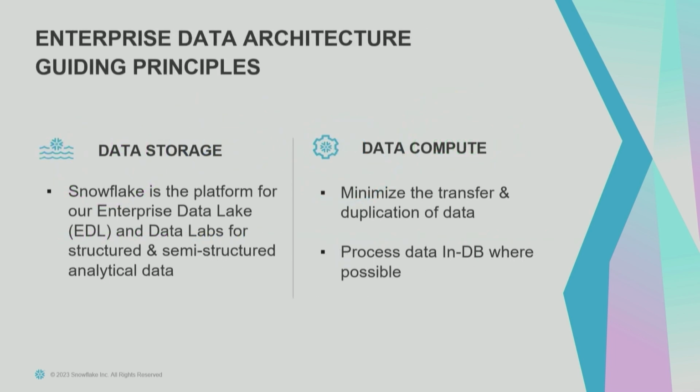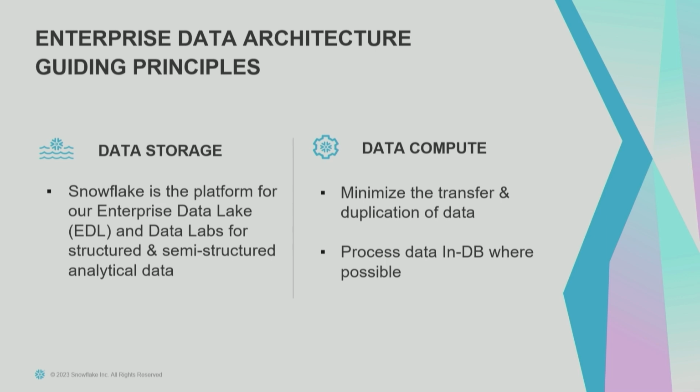So we have the data science platform in place. Now, I, as a data architect, have to look at establishing some key guiding principles for our data scientists and our data engineers alike. Here are 2 of our core principles, one for storage and one for compute. Our enterprise direction is for all structured and semi-structured analytical data to be stored in Snowflake. So we leverage our data security framework, our data governance, and it also provides a holistic approach to metadata management.